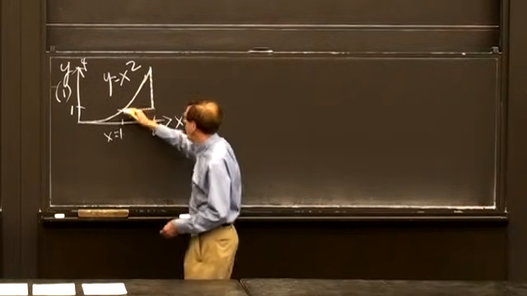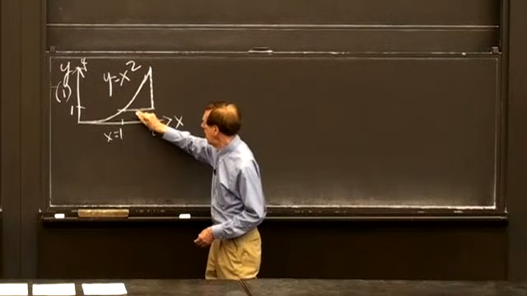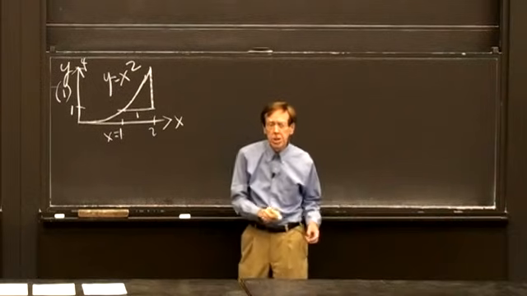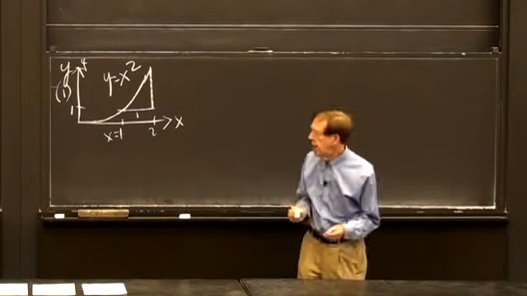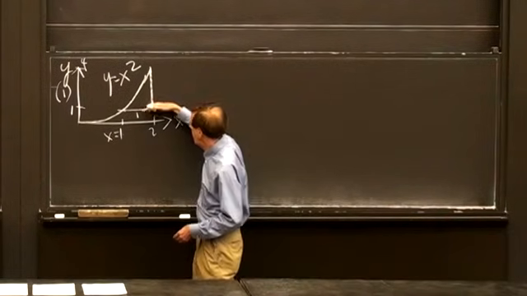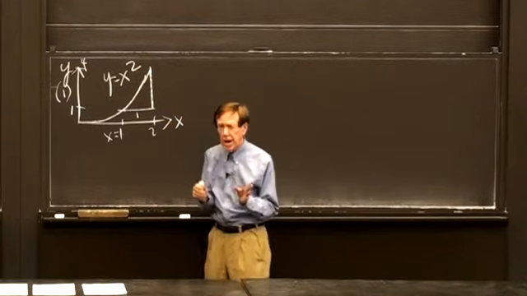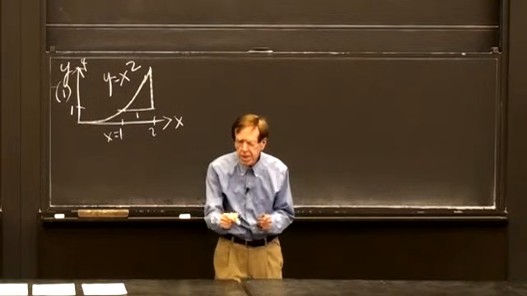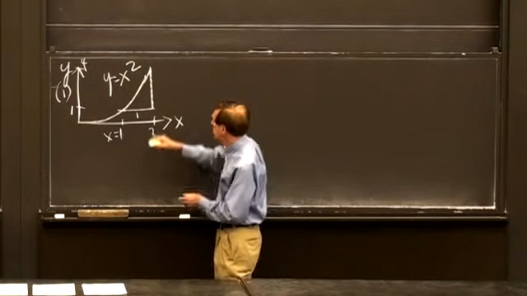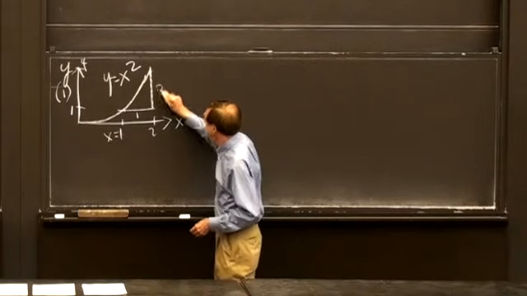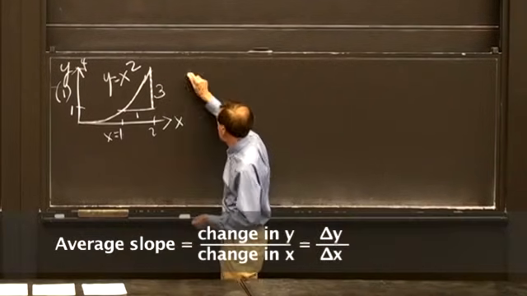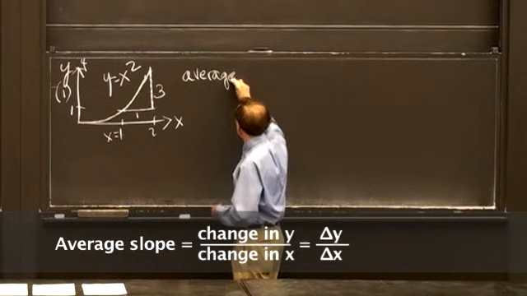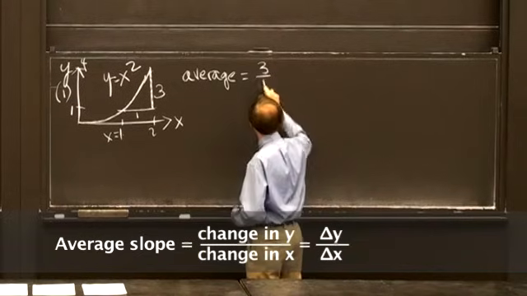The average slope there, in a distance across of 1, I went up by how much? 3. I went up from 1 to 4. I have to do a subtraction. Differences, derivatives, that's the connection here. So it's 4 minus 1, that is 3. So I would say the average is 3 over 1.